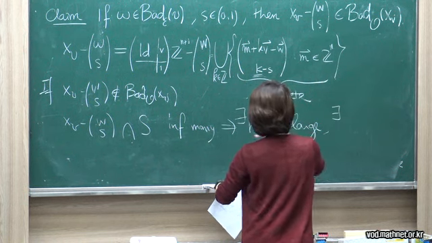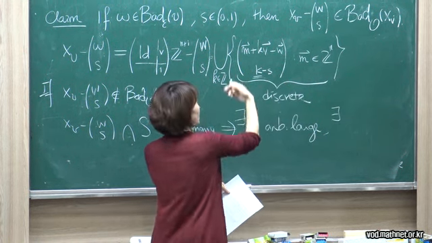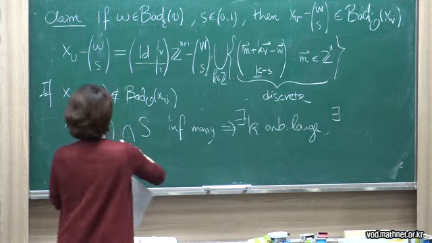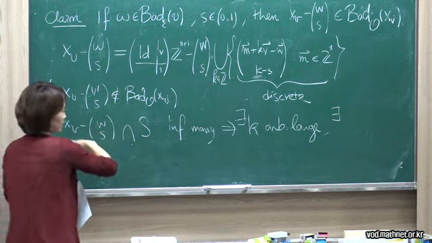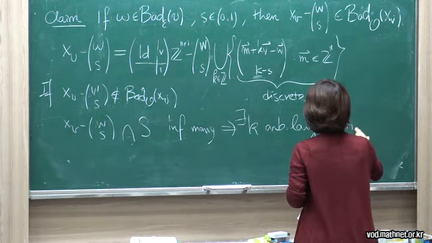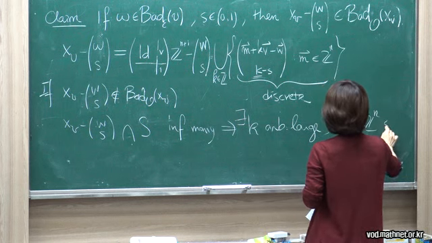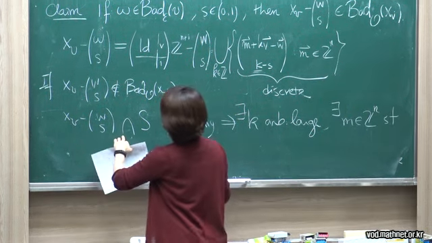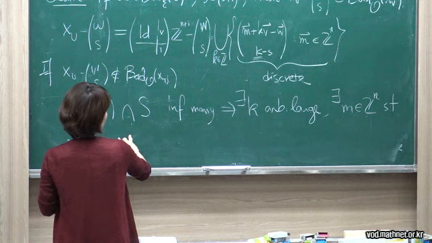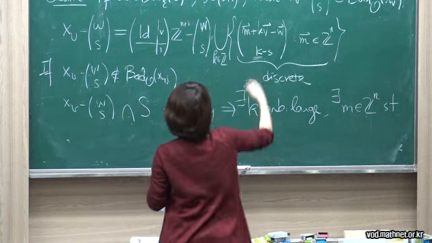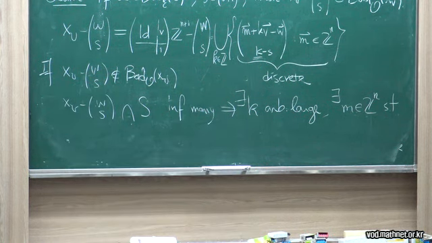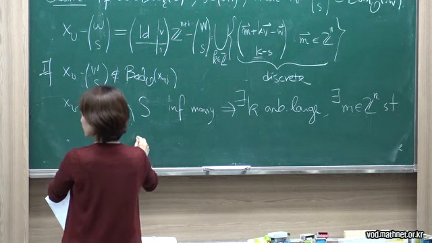And for this arbitrarily large K, you have some M, some elements in Z^n, such that that is inside here. In other words, this vector is inside this set, the spike.